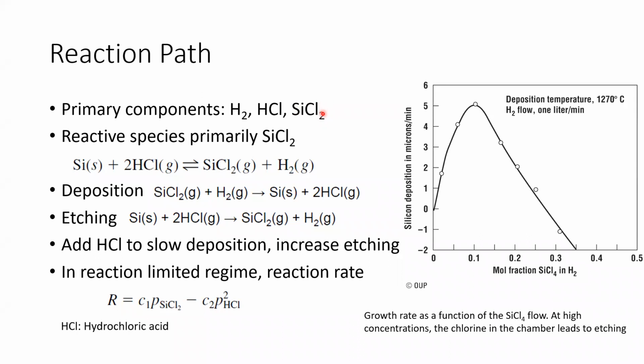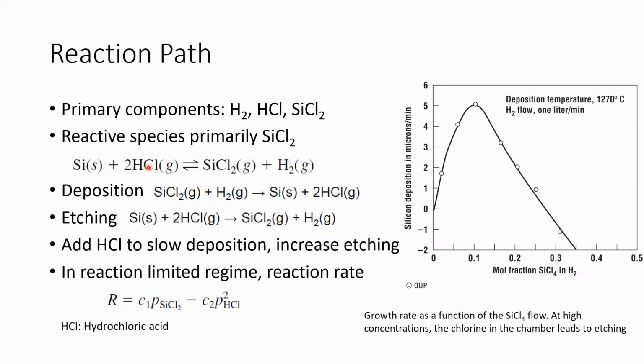This is the main reactive species. So the whole process, basically we have silicon dichloride in gaseous form reacts with hydrogen in gaseous form, and it creates silicon in solid form, and also HCl, hydrochloric acid.